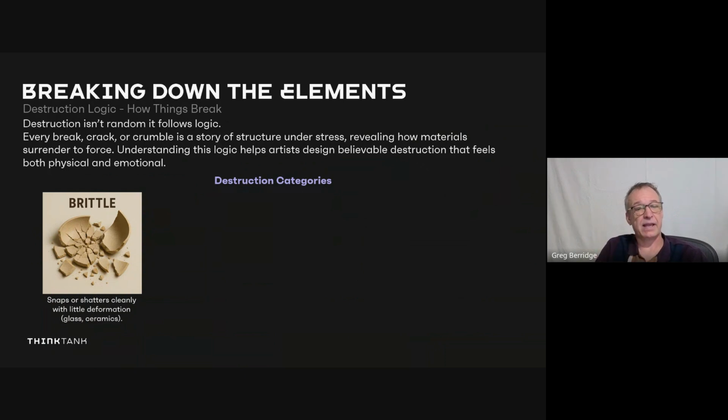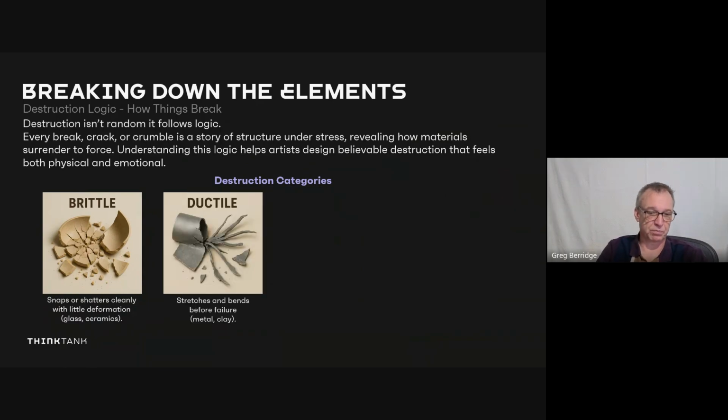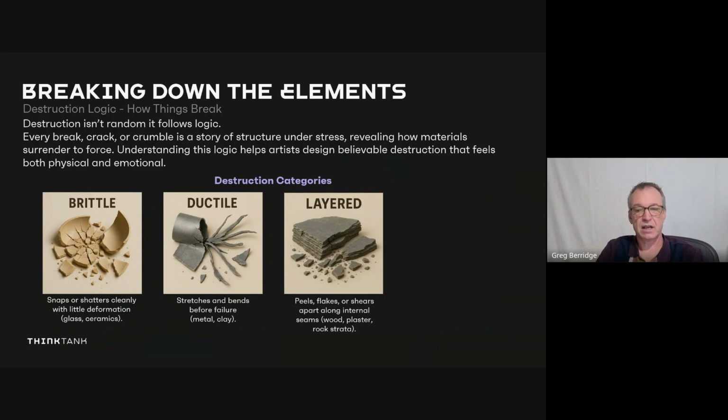And this in a lot of ways is based on the wall strength, so how thick the wall is. And it really does inform how certain things will just be destroyed. If it's ductile, how does it stretch or bend? And this is mostly in your metals, clay forms, things like that.